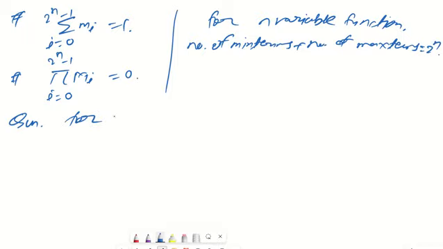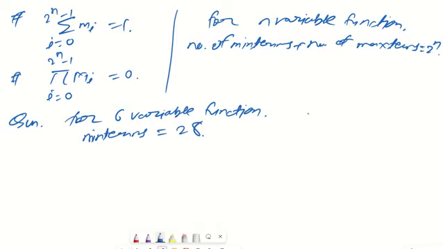So for a 6 variable function, it is told that the min terms are 28. How many max terms are there in the expression?